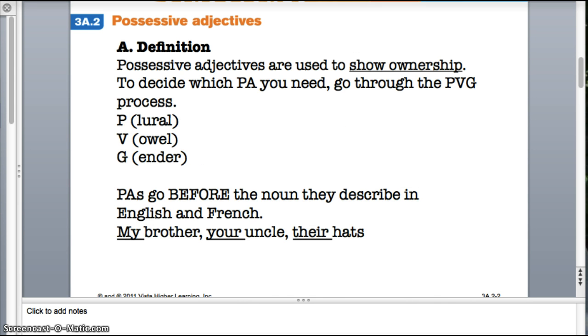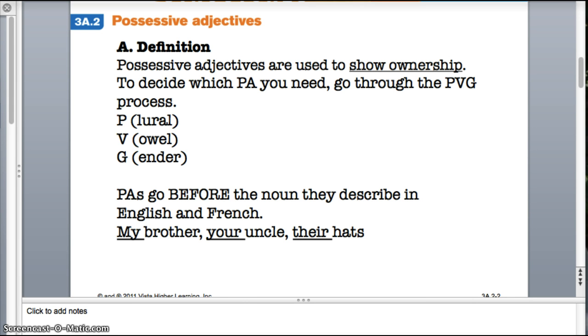This is the first slide that you have to copy. A possessive adjective is a word that's used to show ownership. To decide which possessive adjective you need, you have to go through the PVG process that we have used before in class. P stands for plural, so you always check to see if it's plural first. V stands for vowel.